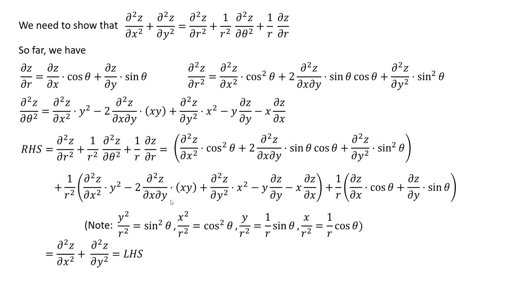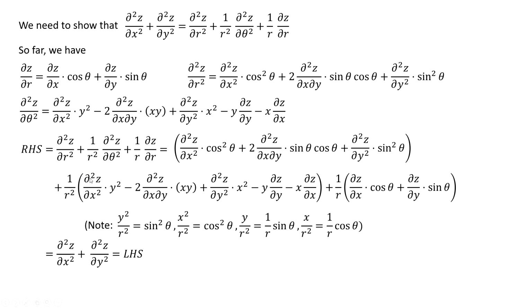Okay, and so, whoa, when we do that, that whole thing just becomes second partial z with respect to x. Abracadabra, alakazoo. Really? Yeah, really. Okay, let's see. Second partial z with respect to x, cosine square theta from here. Now here I have y square over r square. Is that sine square theta?